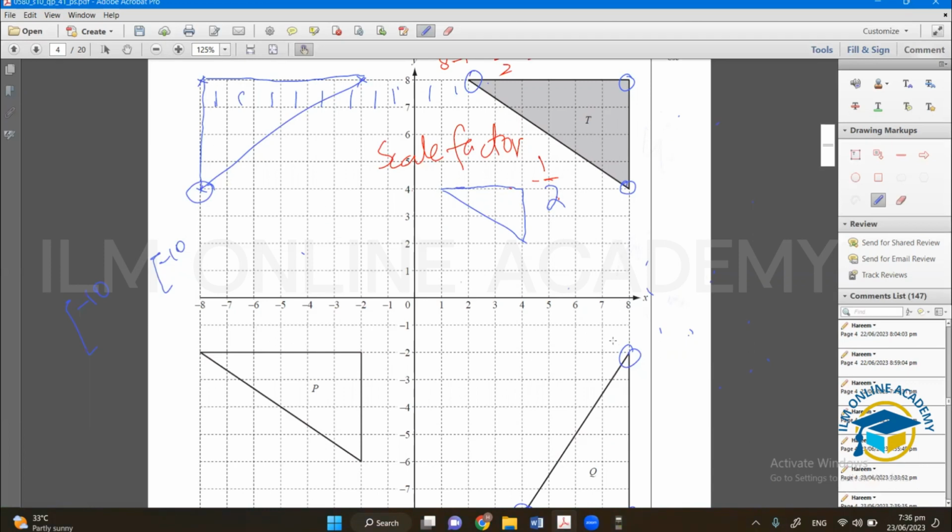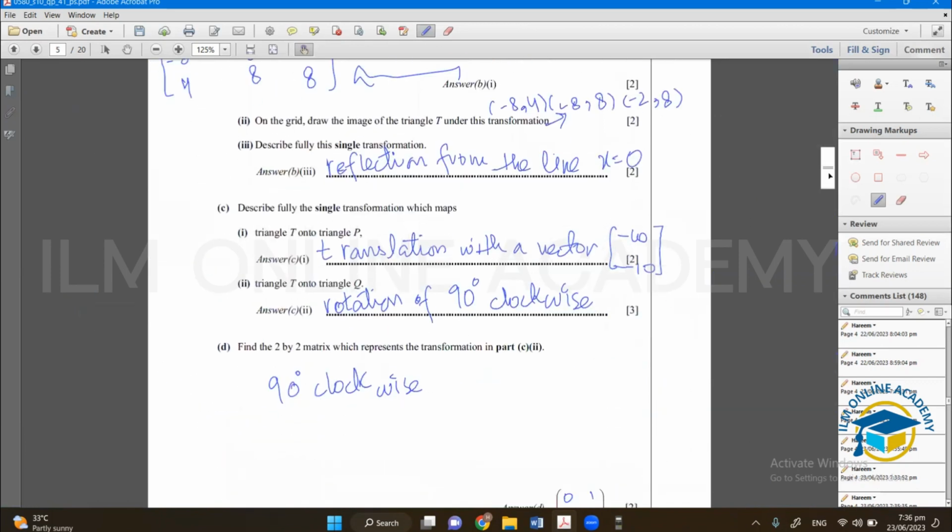Here it is also 10. Okay, so it means it's a translation by the vector -10 and -10. Okay, because it moved downwards and to the left hand side.